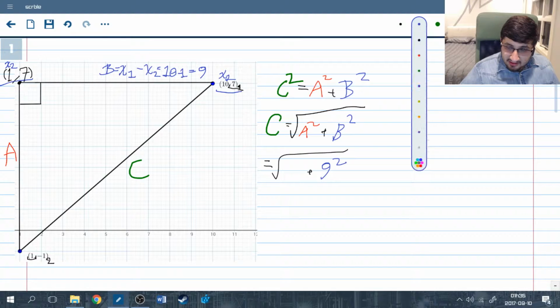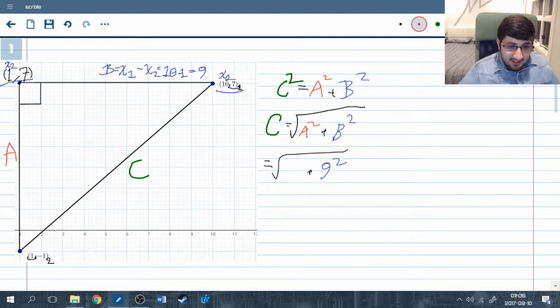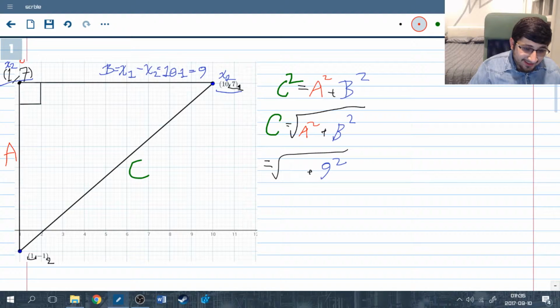Now let's take a look at the A side over here. We know that this y1 is the same as the y-coordinate over here, because this y-coordinate was taken from point 1, and it's also connected straight to point 2, so we'll take the y-coordinate of the second one.